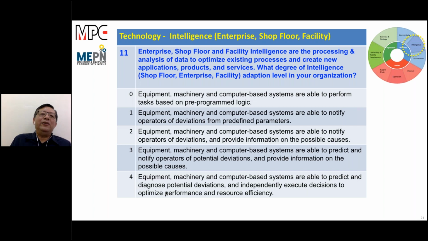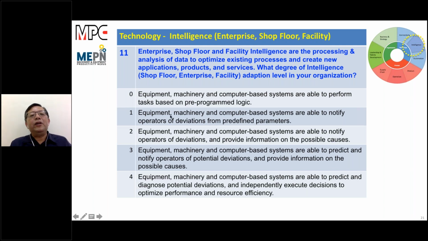That means indirectly we want to know whether your manufacturing has intelligence inside or not. Number 0 means equipment, machinery, and computer-based systems are able to perform tasks based on the program, the pre-programmed logic that you have there, but do not really have the intelligence to react by themselves. They only follow the plan.